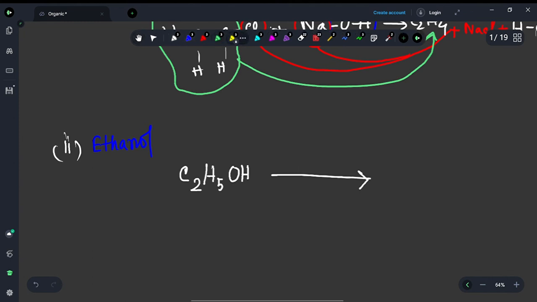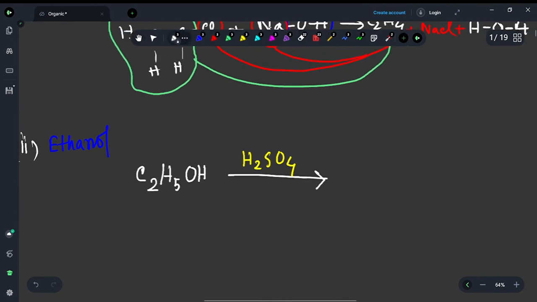So in work, there will be H2SO4. Very important thing here. And we will just break the bonds needed and produce our all wanted C2H4 ethene and some products, H2O.